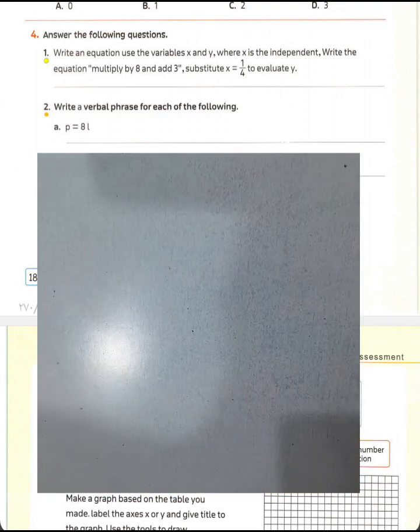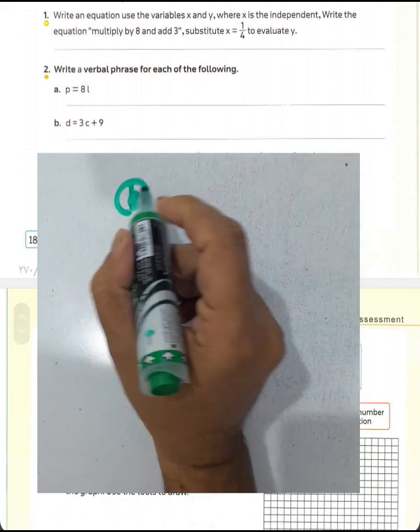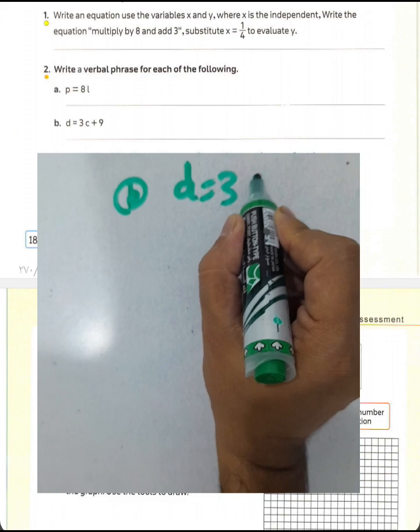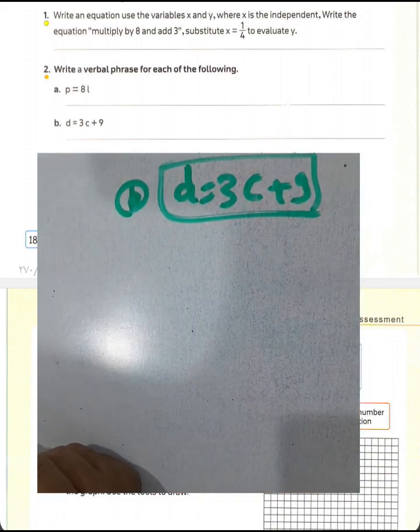Letter B: D equals 3 times C plus 9. We want to find a verbal phrase.